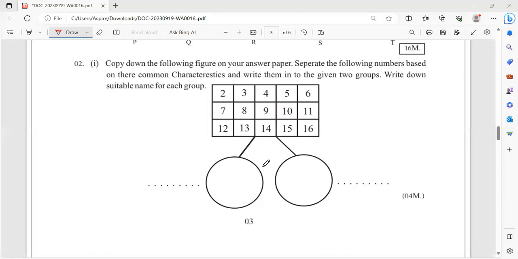What is it? Can you tell me what are the numbers that we can write in the first circle? Odd numbers.